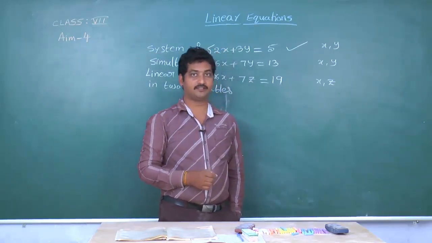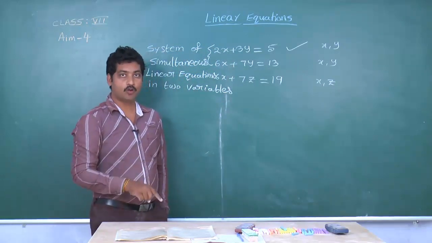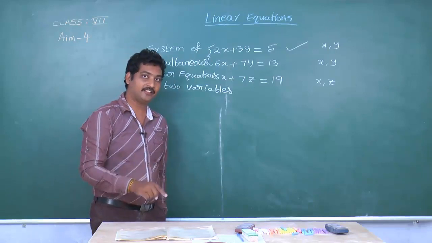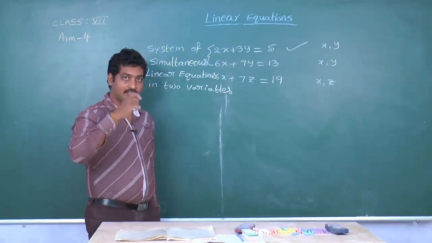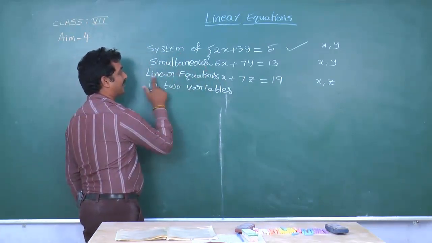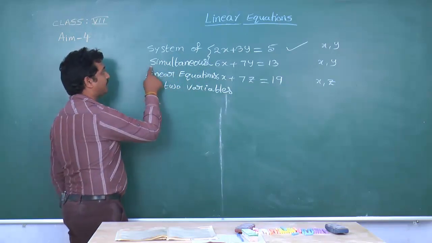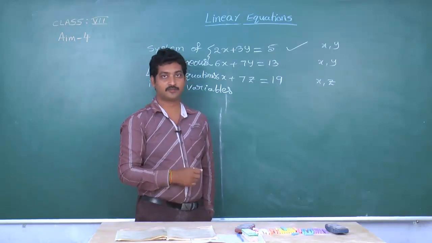Once again I am saying, if two or more linear equations in two variables are having the same variables, then that system is called a system of simultaneous linear equations. In this name, this word simultaneous itself gives the same variables.